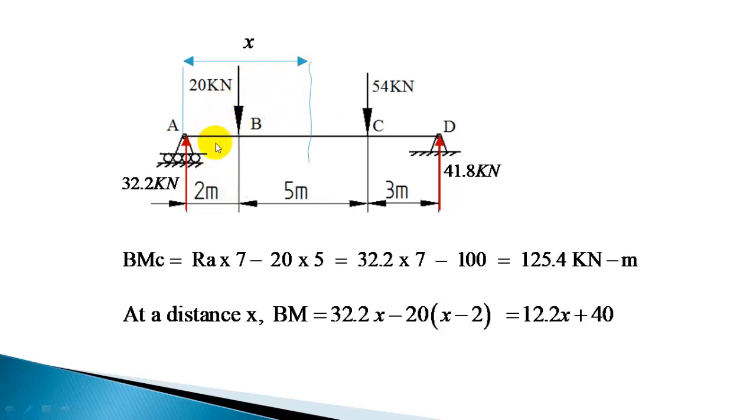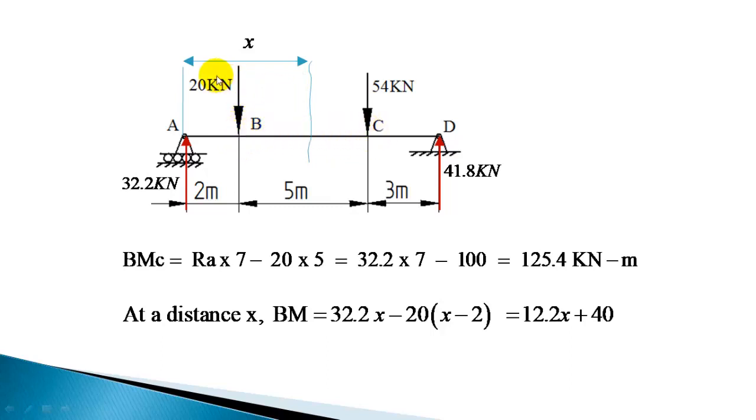If you take x less than 2, these forces are not coming, and this equation will not be valid, because we have considered both the forces 32.2 and 20 in writing this equation. So x can vary from 2 to 7, and not more than 7. If it's more than 7, you need to consider this force as well. So the value of x can vary from 2 to 7. That will give the bending moment at any section in the portion BC.